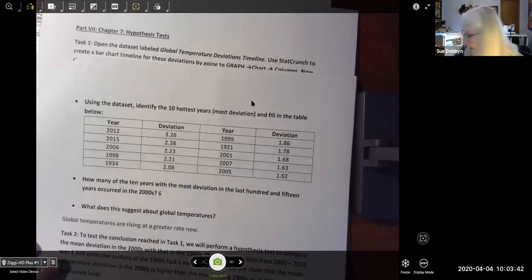In 1934, it was 2.08. In 1999, it was 1.86. In 1921, it was 1.78. In 2001, it was 1.68. In 2007, it was 1.63. And in 2005, it was 1.62. Again, you could take a picture of this right now if you need to get the information for later.